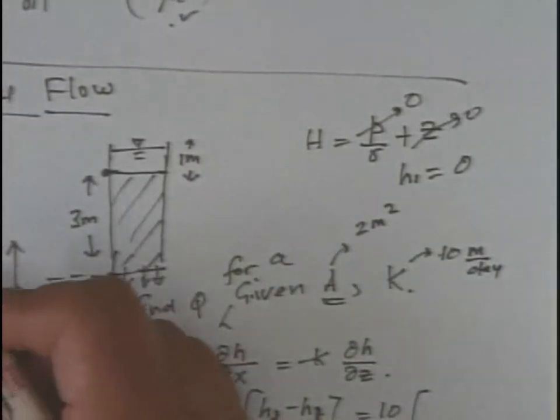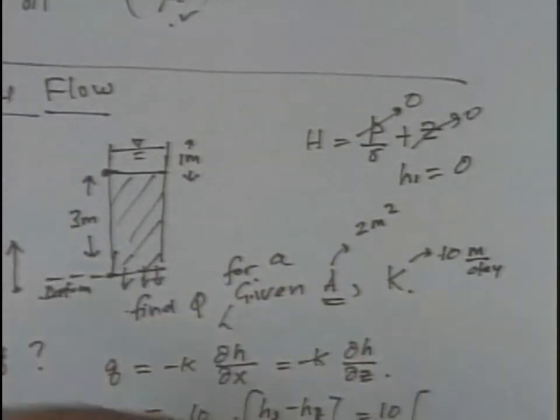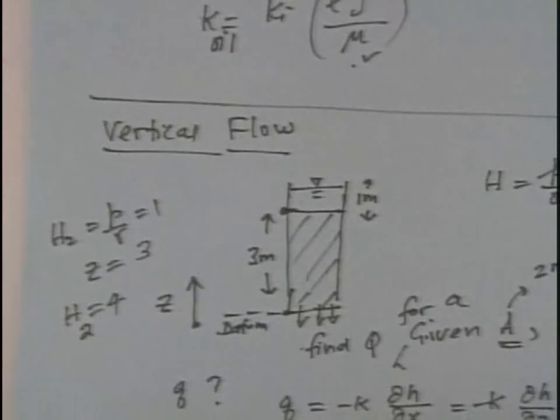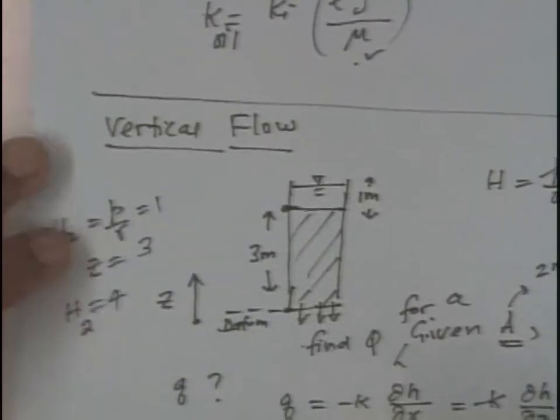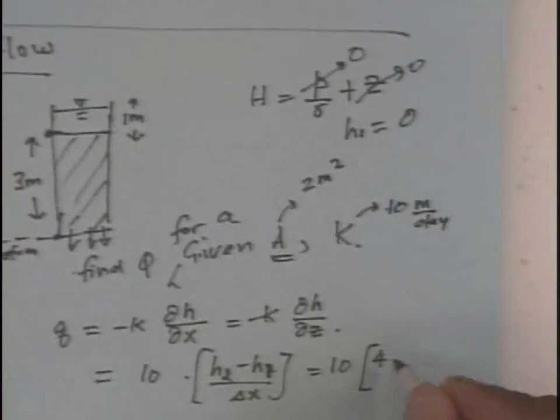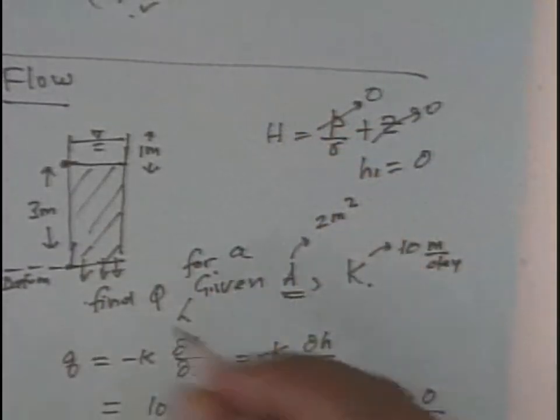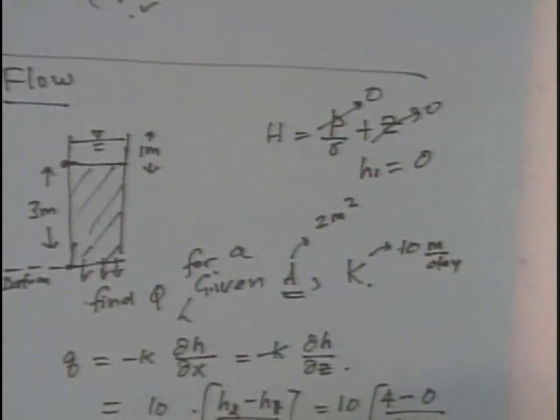So H is equal to 4. So H2 equal to 4. H1 equal to 0, H2 equal to 4. So 4 minus 0 divided by delta Z, which is 3 minus 0.